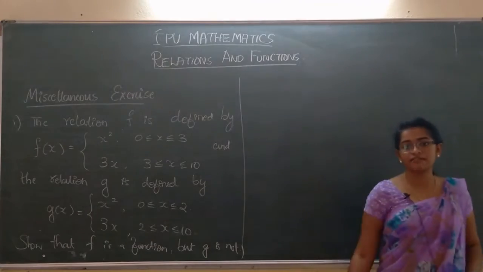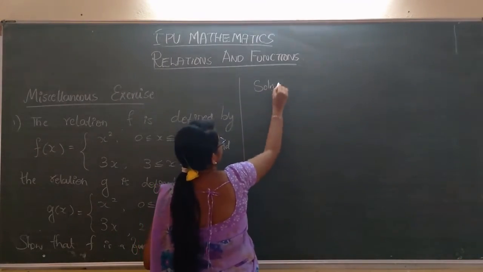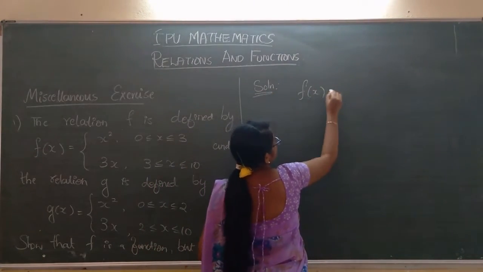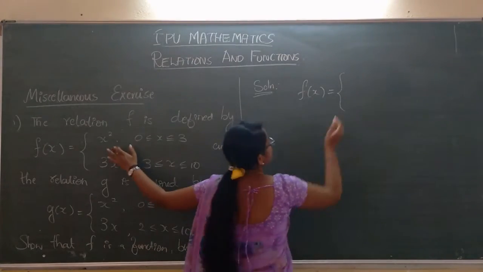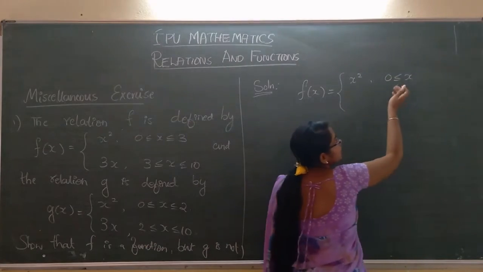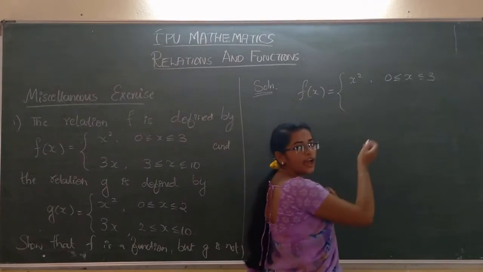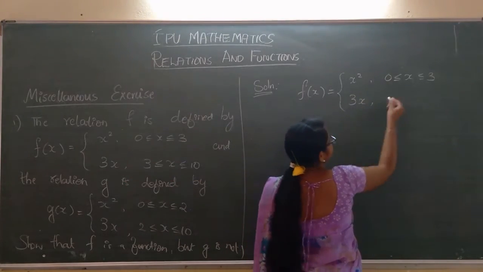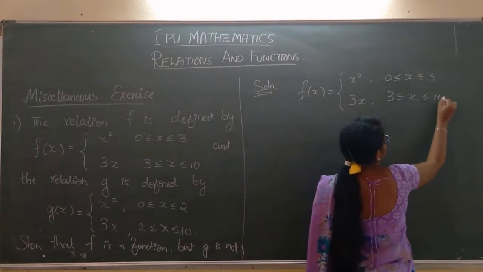See, how is the relation f defined? f of x is equal to x square if 0 less than or equal to x less than or equal to 3, and f of x is equal to 3x if 3 less than or equal to x less than or equal to 10.